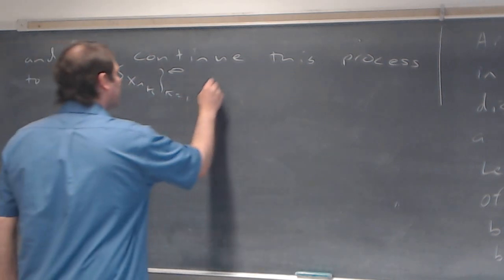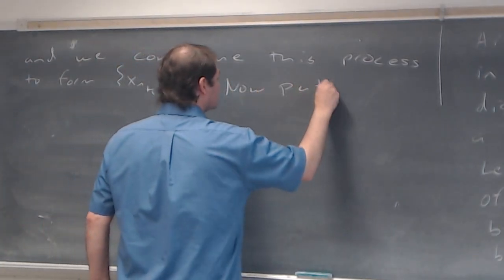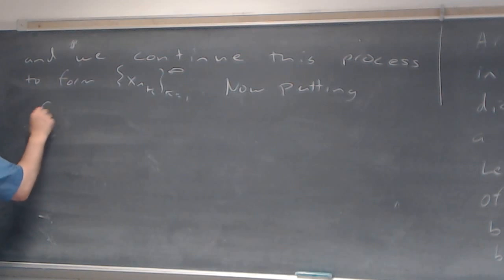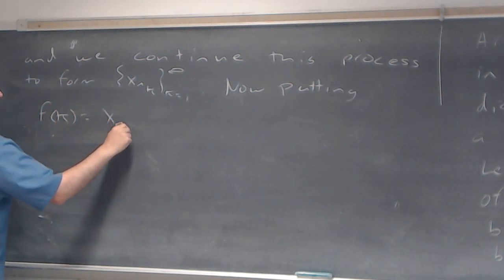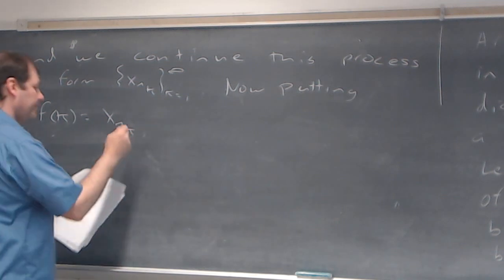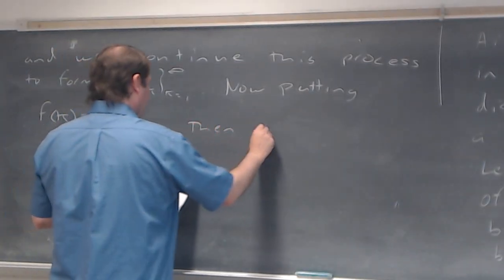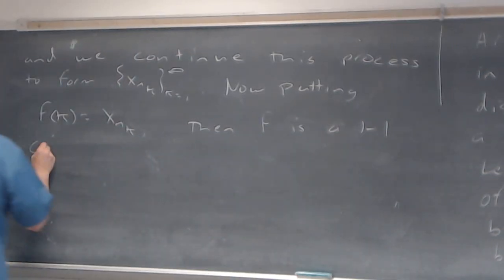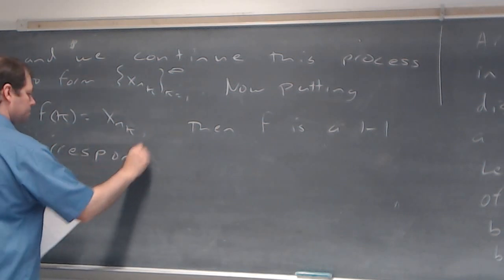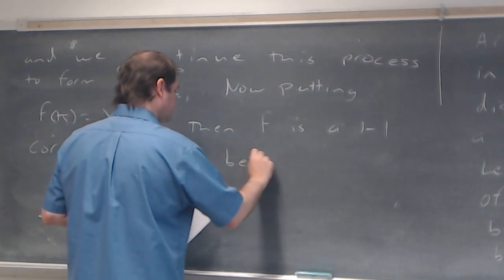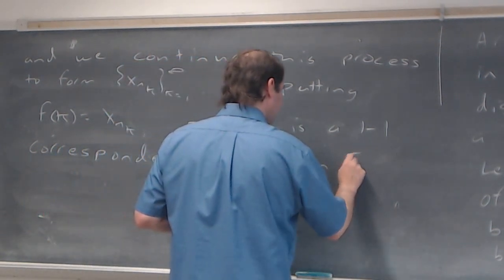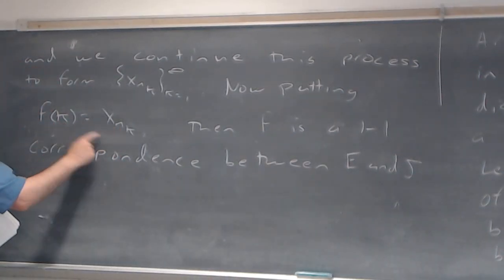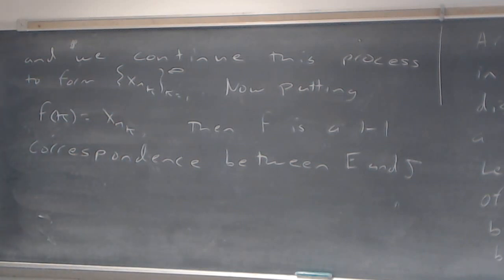Now, putting f of k equal to x sub n sub k, then f is what we formed here, a one-to-one correspondence between E and J. So J's elements look like k, and E's elements look like x sub n sub k.